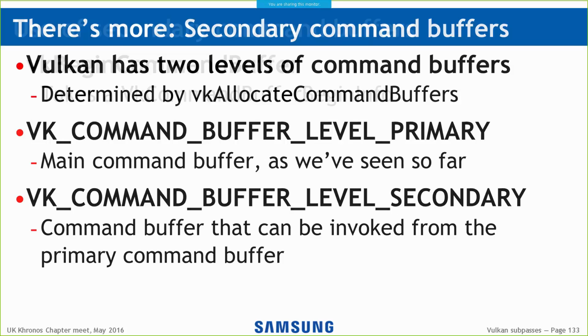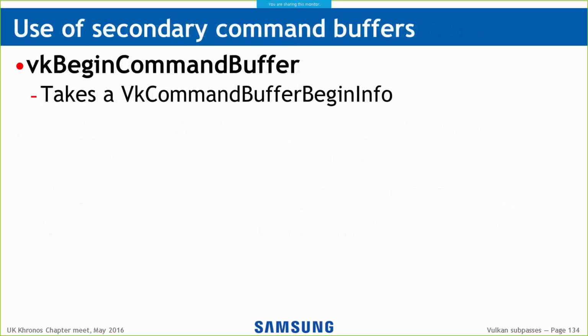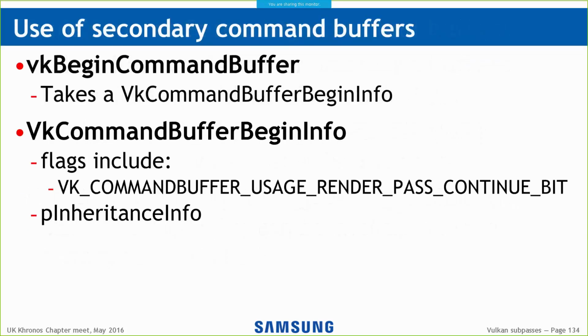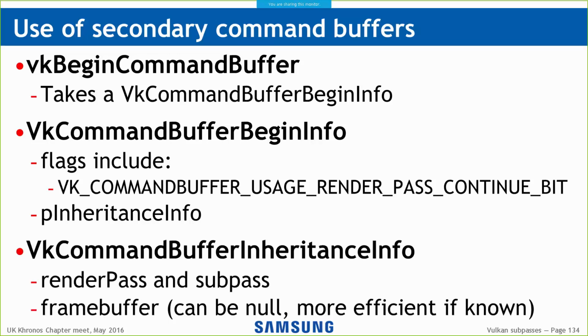When you begin a command buffer, there is a way of saying in the secondary command buffer that you're going to inherit information from the primary, and that includes the RenderPass and the subpass that you'll be on. You can optionally pass through the frame buffer to say what actual destination you're writing to.